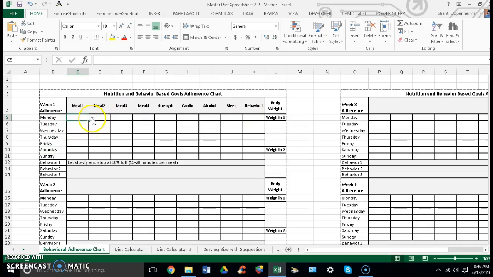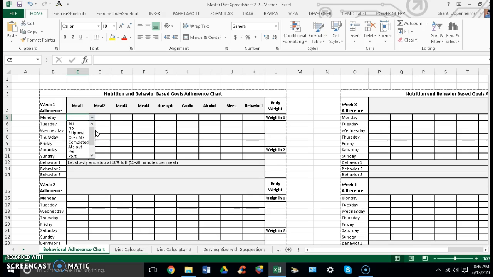We're just going to track these things. So now in meal 1, very simply, you could list yes, no, skipped, overate, or ate out. And then if you're doing more advanced nutrient timing strategies, we'd have pre-workout meals, post-workout meals, protein carb drinks, anytime meals, and a casein protein supplement.